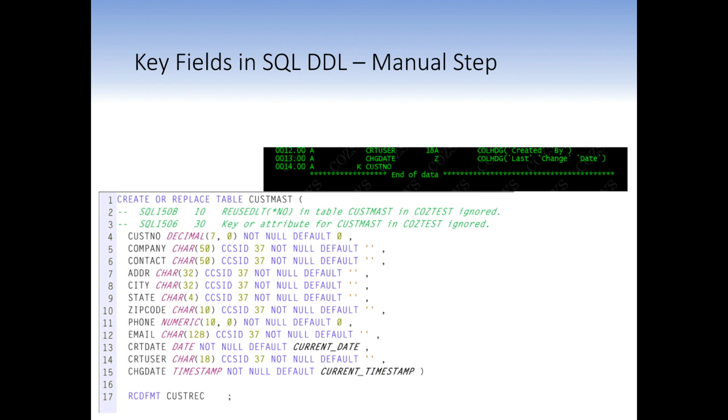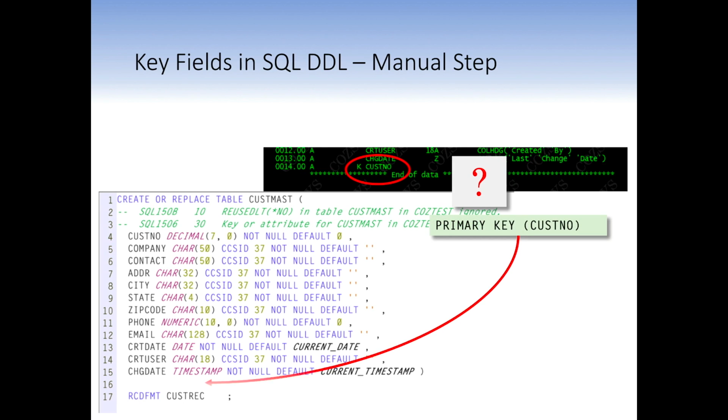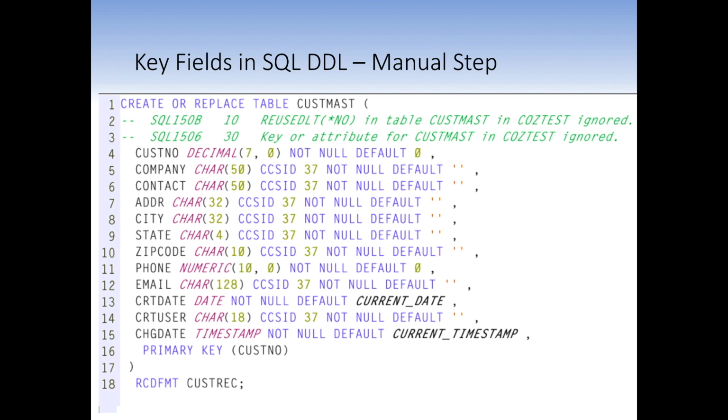So what we're going to do is a manual step. We're going to take the key field and type in primary key, so that when the file is created, the primary key is also created.